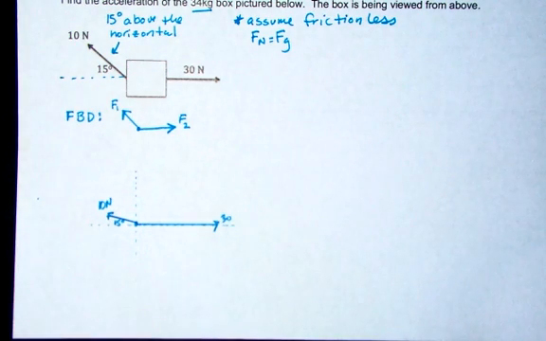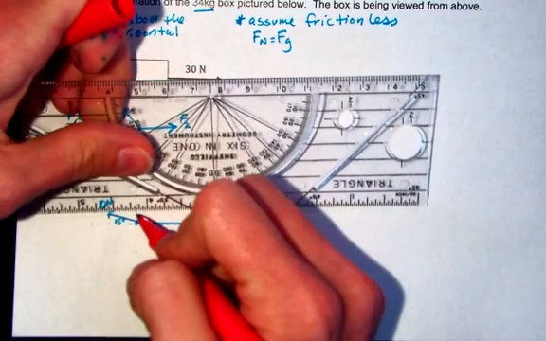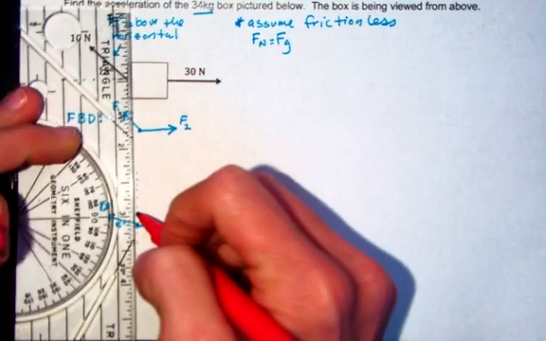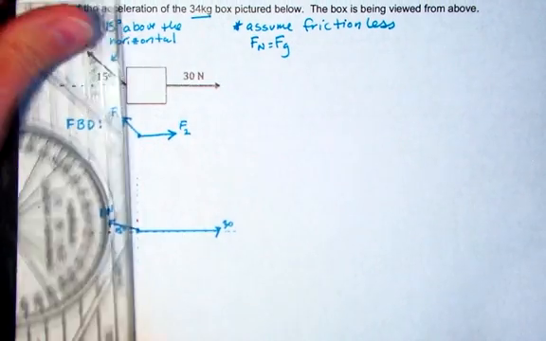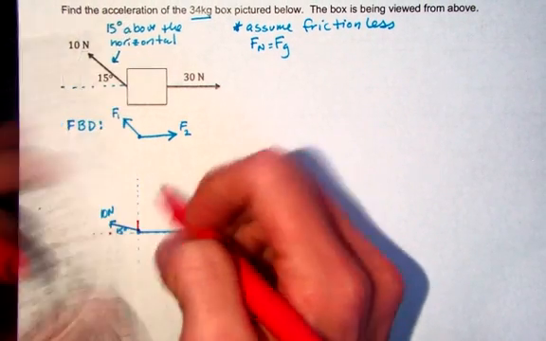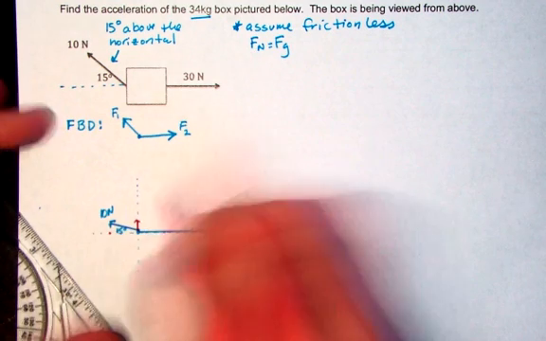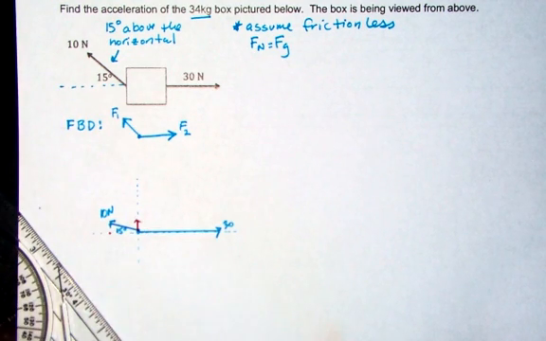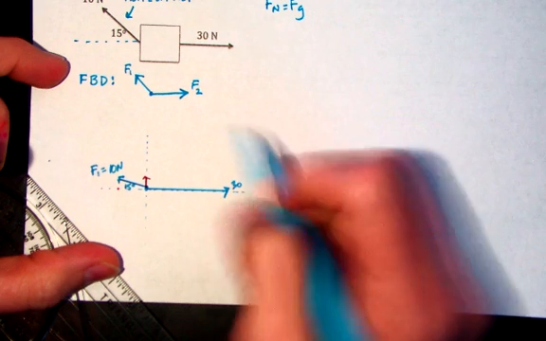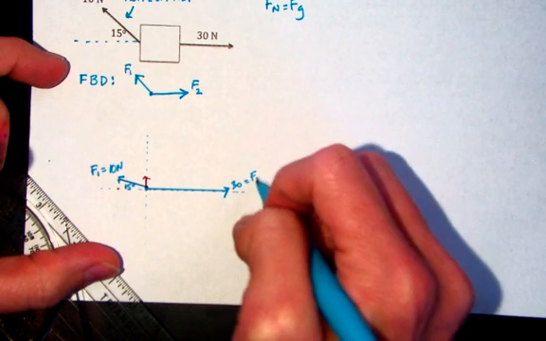And then we're going to draw our component vectors. So that's going to end up here and here. Okay, so this is F1, this is F2.